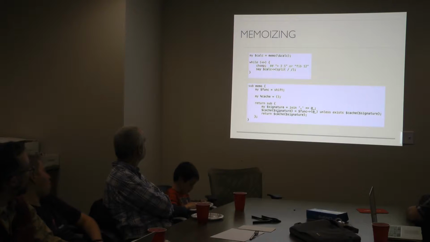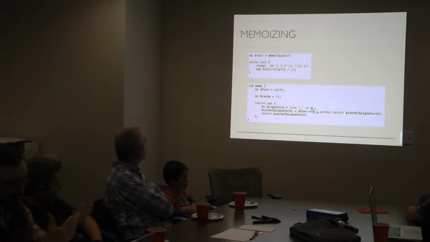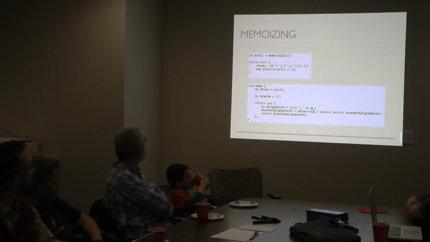Then it takes that signature, and that's the key now, into the cache hash, and we set its value to be the result of calling the function, unless it already exists. If it already exists, then we just return it here.